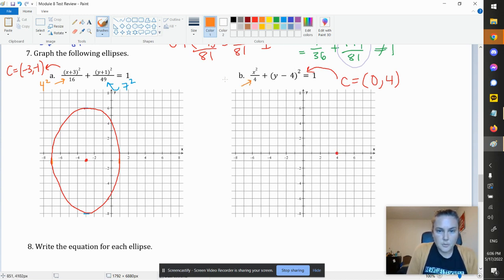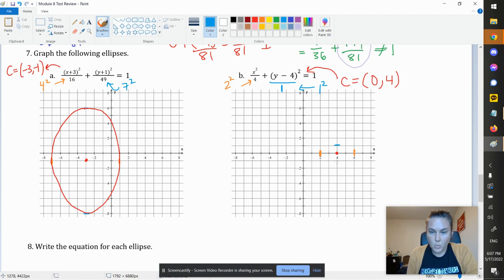For this one, 4 is 2 squared, so we want to go over by 2 and over by 2 in the left and right direction, in the x direction. And then here, oh no, what do we do? What we do is we say, if we don't have a fraction, it's basically over 1. And 1 is 1 squared.